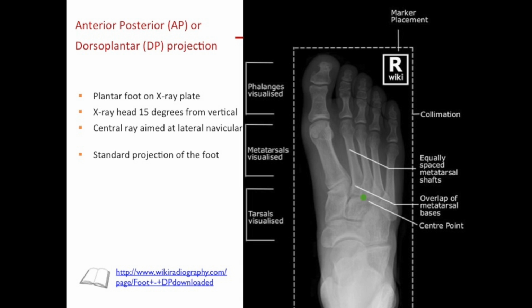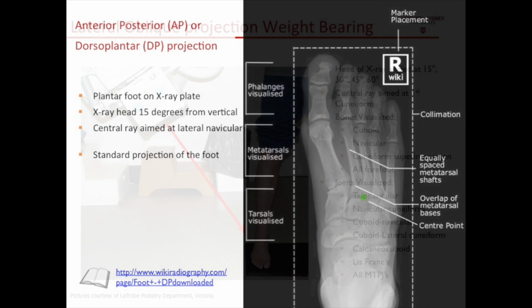Here you can see the green area depicts where the centre point of the X-ray beam would be, and it gives you an appreciation of the alignment of the foot. Again, note the alignment of the second metatarsal over the intermediate cuneiform and the overlapping of the tarsus and metatarsals as the 3D structure is represented as a 2D image.